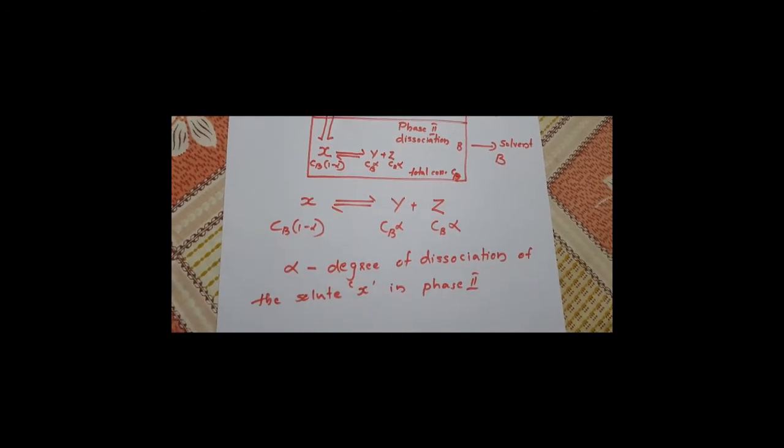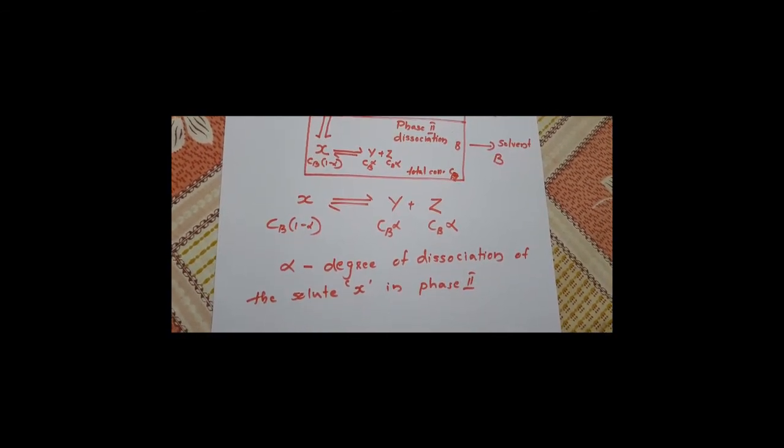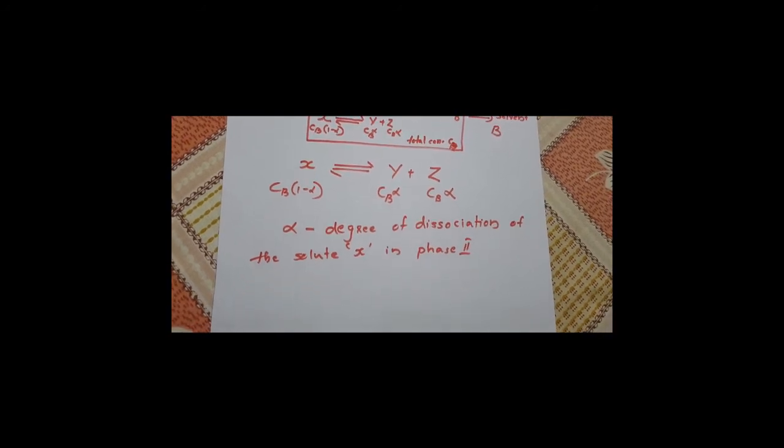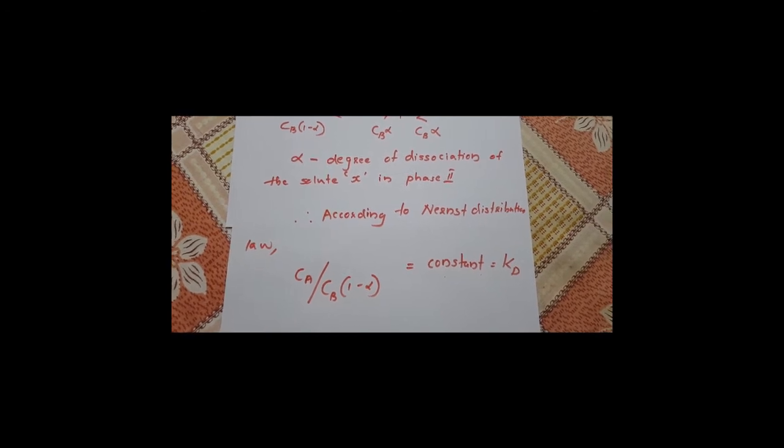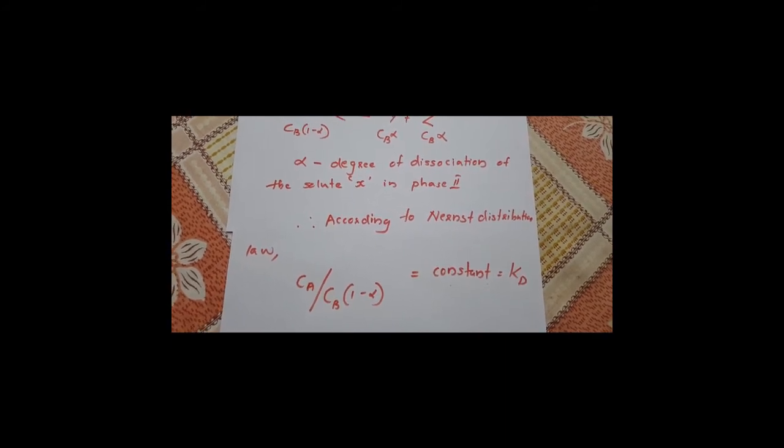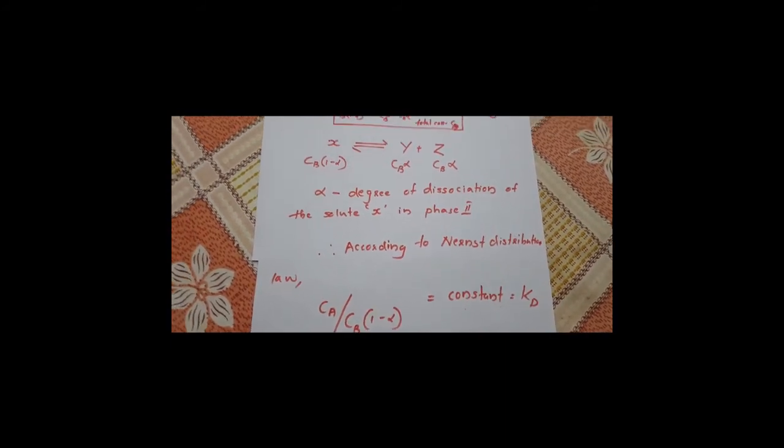In this particular case, if a solute undergoes dissociation, our Nernst distribution law becomes Ca by Cb into 1 minus alpha is equal to Kd, or is equal to a constant. That is the Nernst distribution law if one of the solutes undergoes dissociation in one of the solvents.